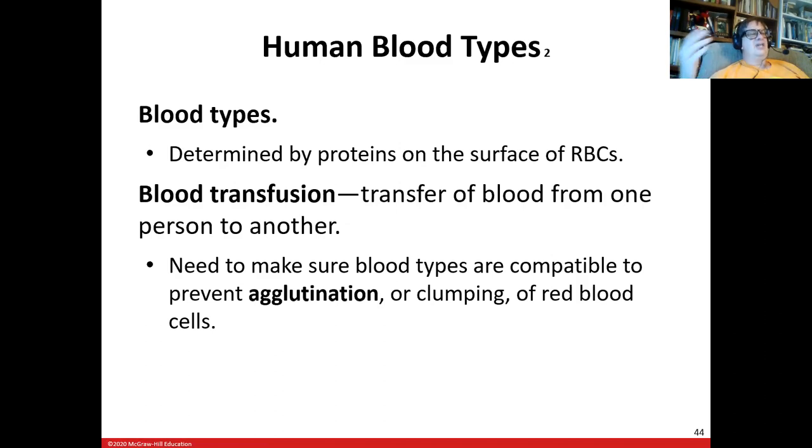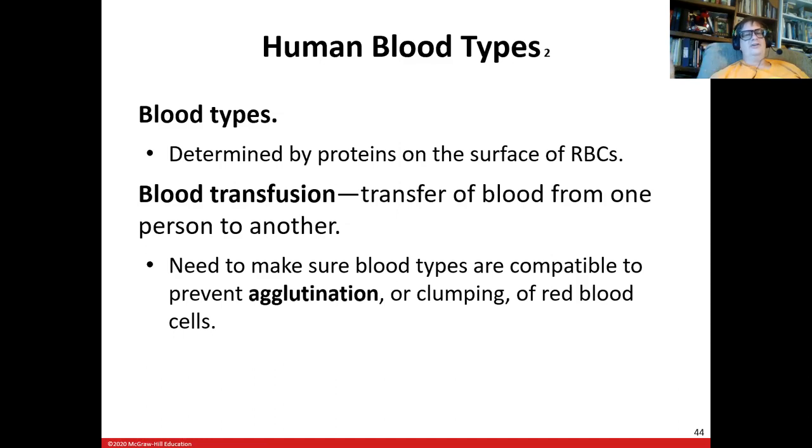An antigen, or a potential antigen, is something that could generate an immune response, something your body might think doesn't belong. So these proteins on the surface of red blood cells are potential antigens. They're proteins that might look foreign to your body if you received blood.